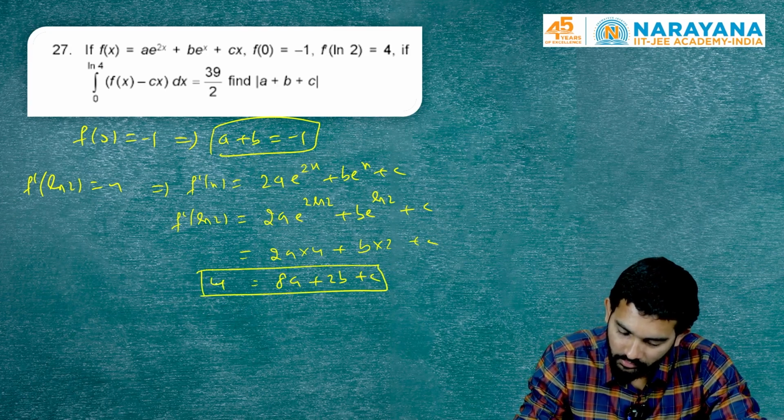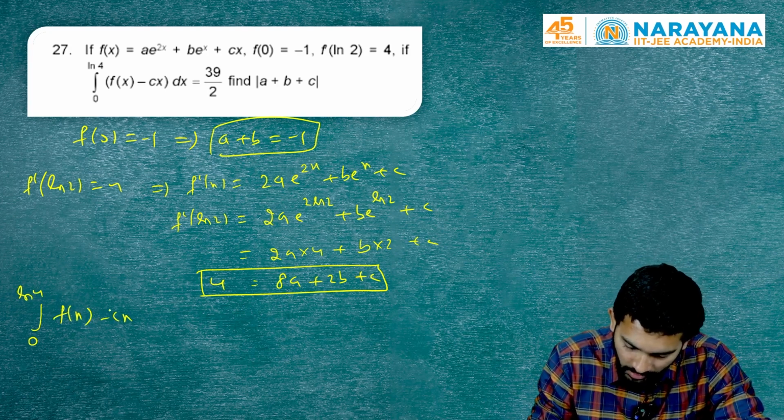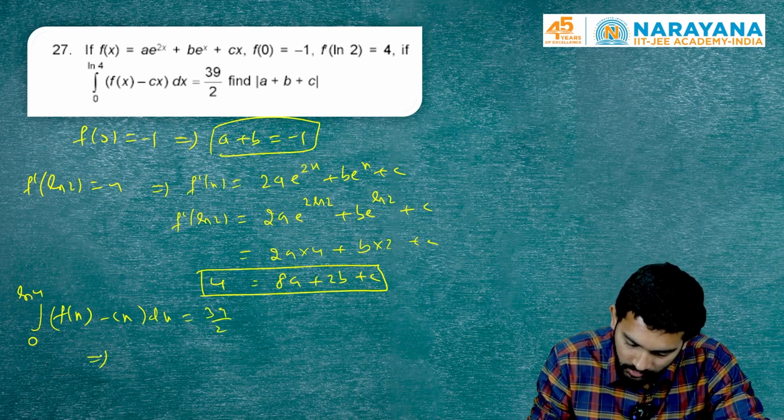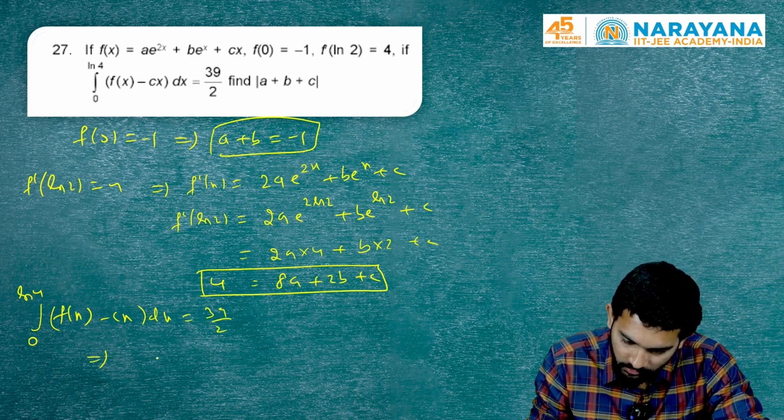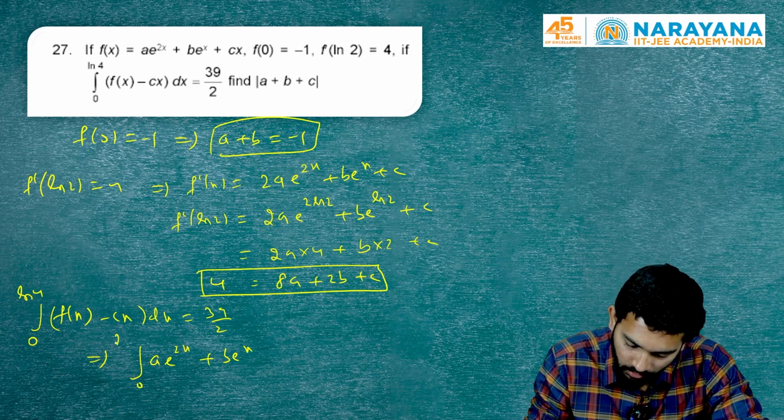This is one condition. Next, integral 0 to ln 4 of f of x minus cx dx is equal to 39 by 2. So this implies f of x minus cx will be a e power 2x plus b e power x, integral 0 to ln 4.